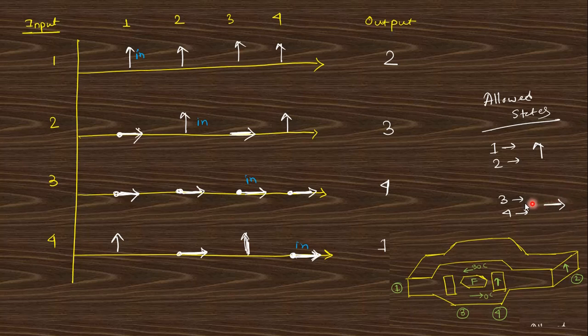This state is allowed for 3 and 4, so this is allowed, this is not allowed. For input into these three states in different ports, port 4, port 3, and port 1: port 1 is not allowed, port 4 is not allowed, port 3 is allowed, so the output comes through port 3.